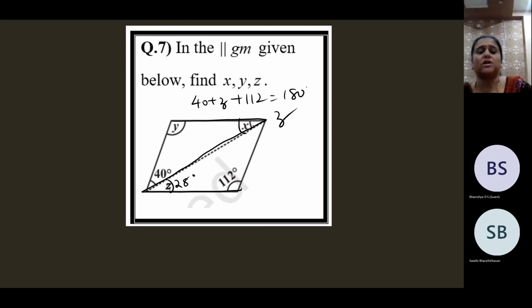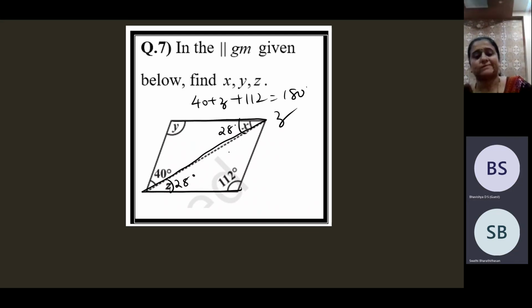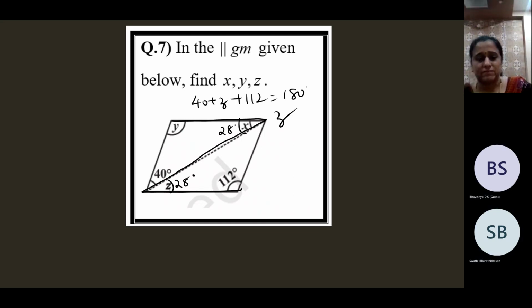Alternate interior angles. So X is equal to 28 degrees. Correct. Y is equal to? Opposite angle. Y is equal to 112. Opposite angles are equal. Opposite angles of a parallelogram are equal. Very good.